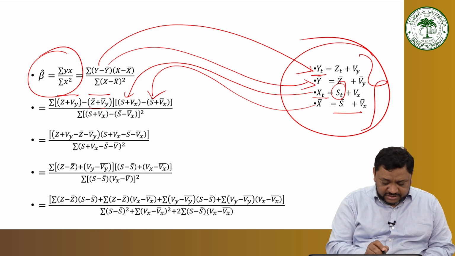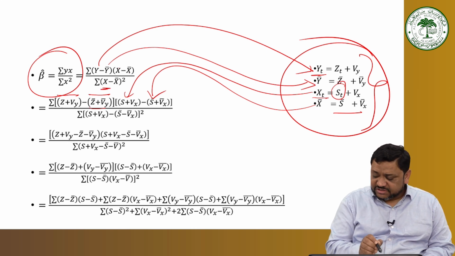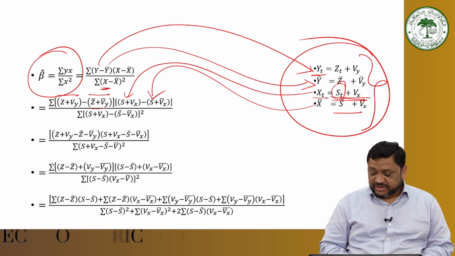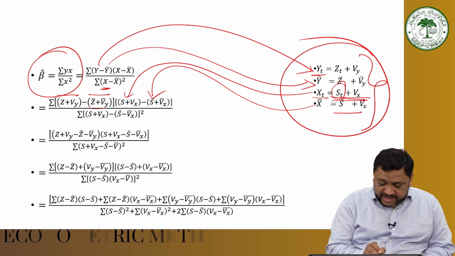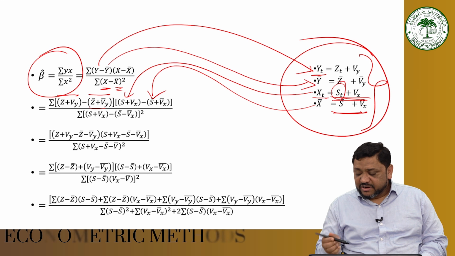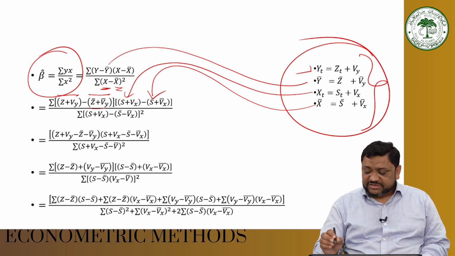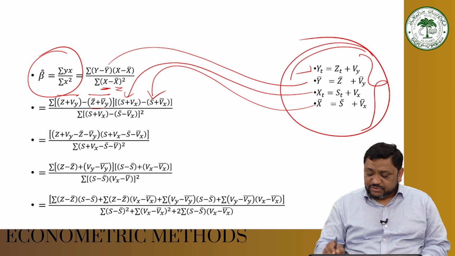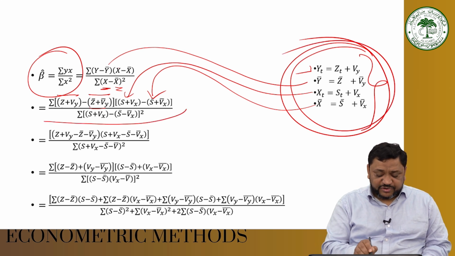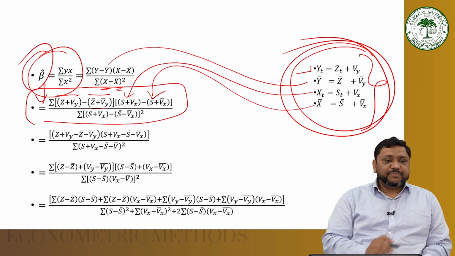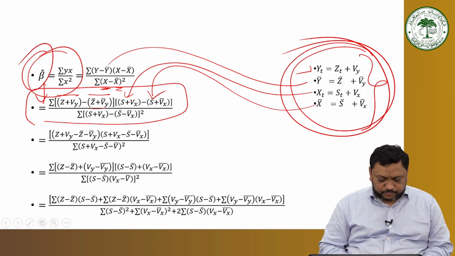Similarly, downstairs in the denominator we have x. In place of x we write s plus v, and in place of x bar we write s bar plus v bar. So these were the four terms which we have incorporated over here into the formula of beta hat.